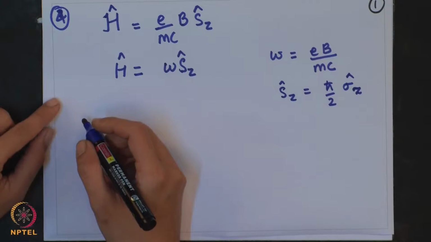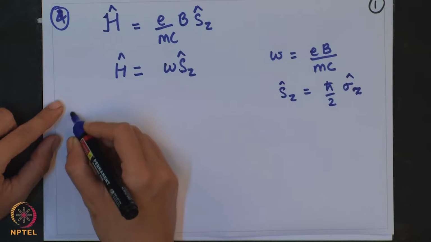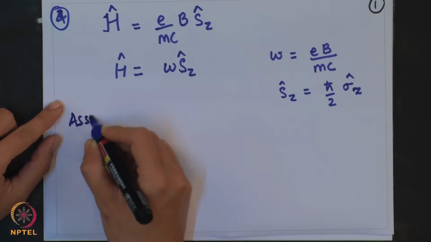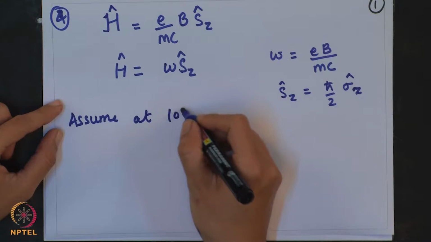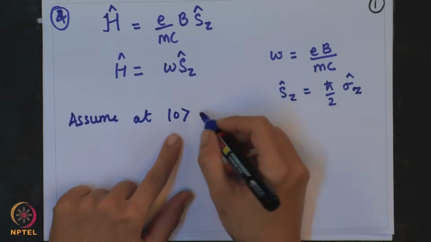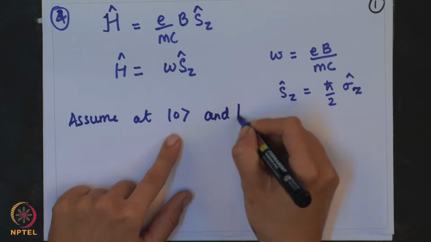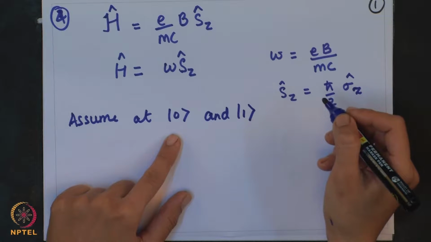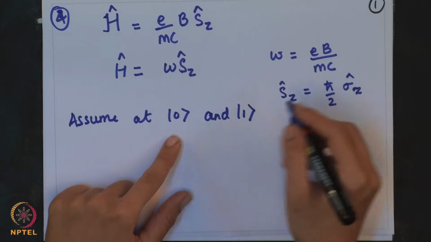Now, we will start by assuming that ket 0 and ket 1 are the eigenkets, or the eigenbasis, of Sz.